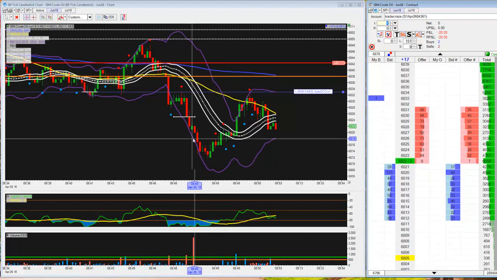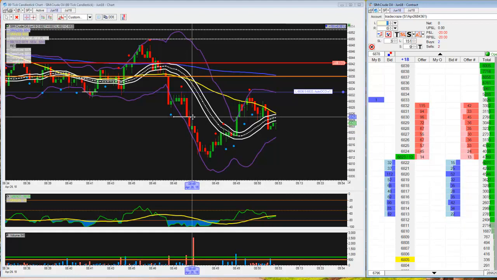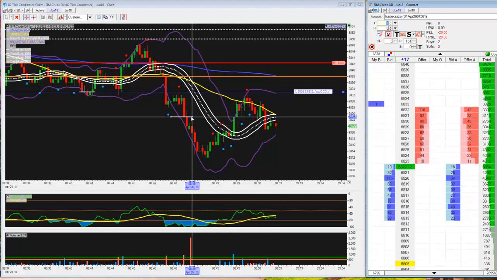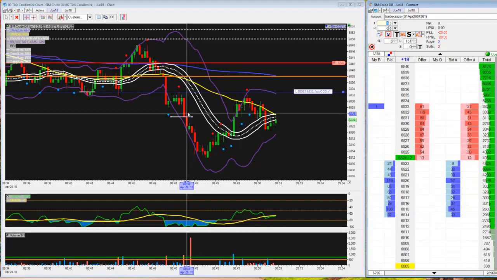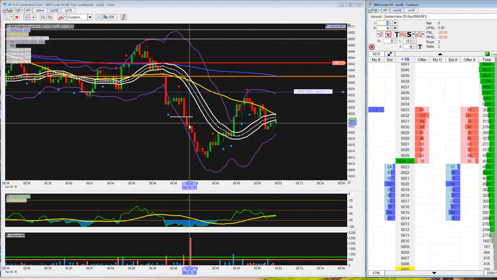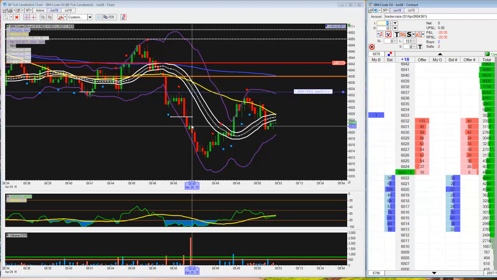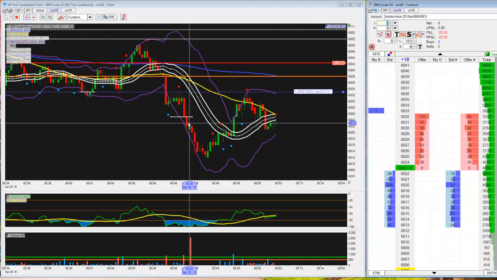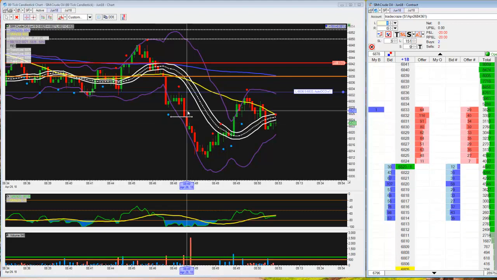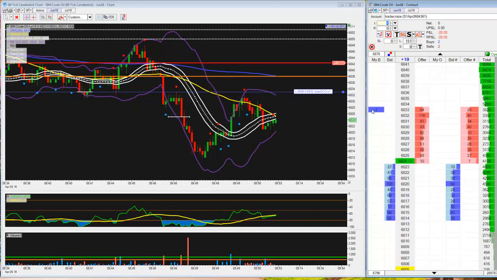Let's measure that bar though. It's going to be long above this line right here. The air to here would be 29 to long.